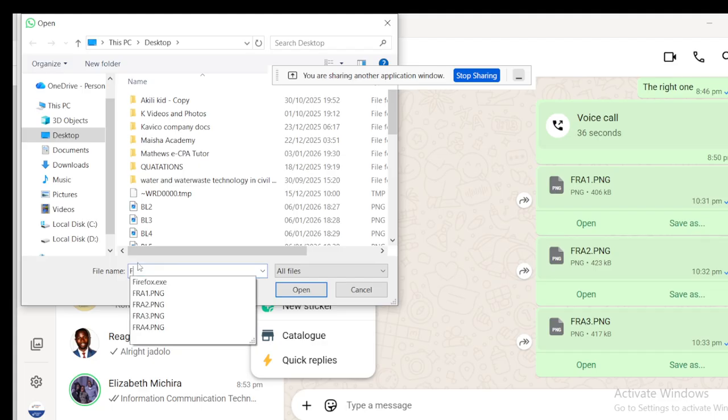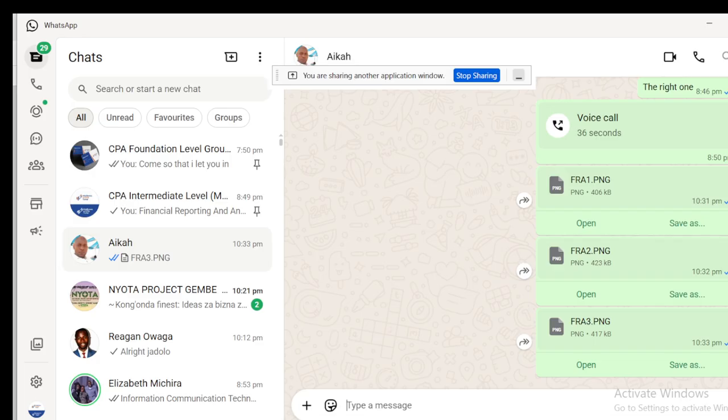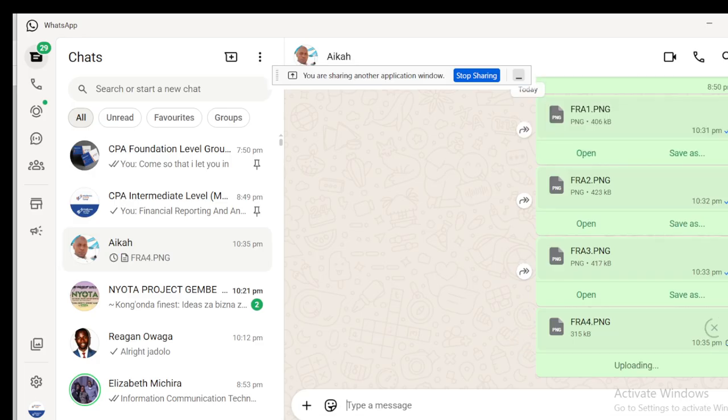The second one, I don't know. I think I'll be able to see. In case there is some part that is missing, I'll let you know. The third one is still loading.